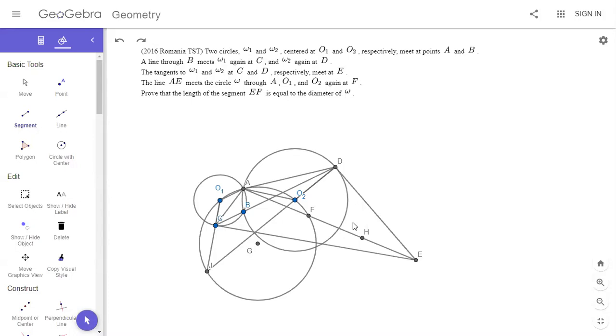Is it obvious that CO1F is 90 degrees? Can we show CO1F is 90 degrees?